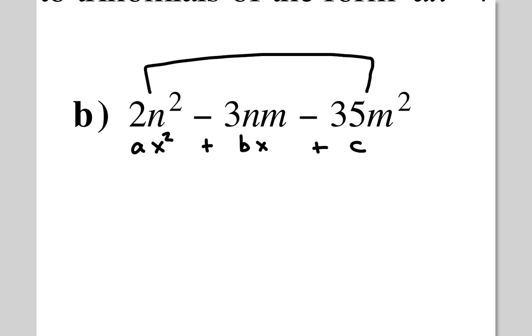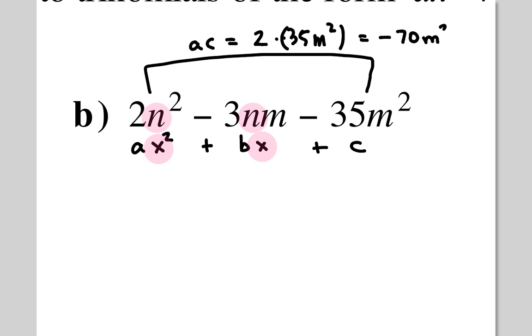What's being squared? The N. So the N is the X. Okay. So what's the AC? It's going to be 2 from over here on the left, and then times 35m squared, negative. So it's going to be negative 70m squared. Okay, and then what's the B?